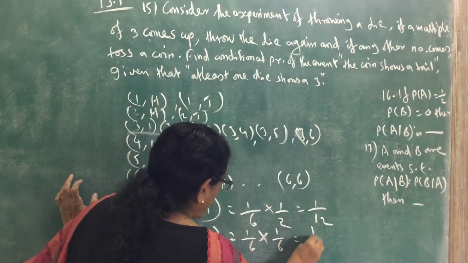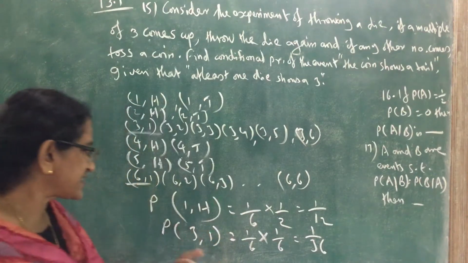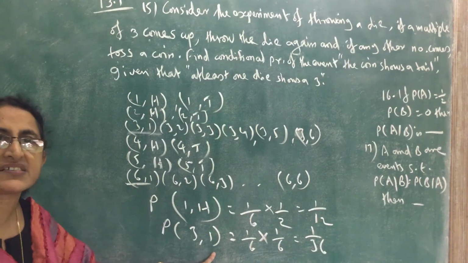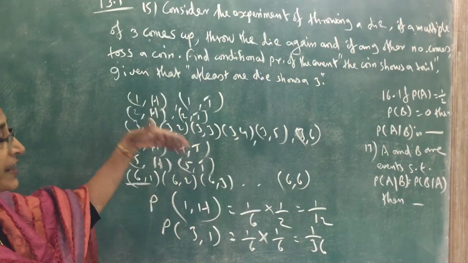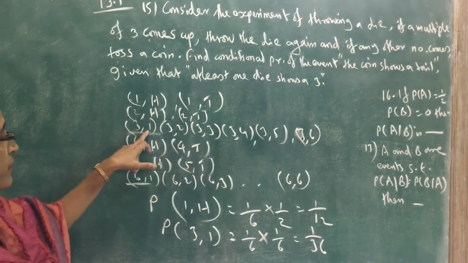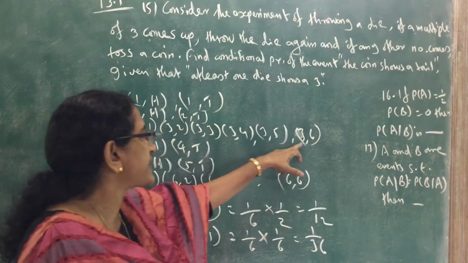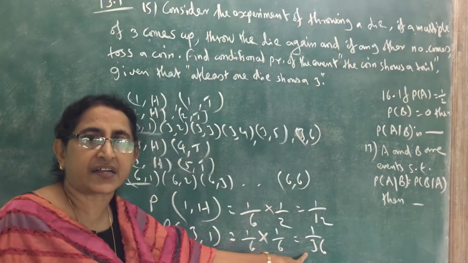That is equal to 1 by 36. Like that, for the different elements: 3,1; 3,2; 3,3, all these elements have the same probability, 1 by 36.